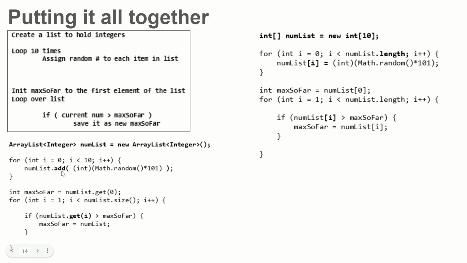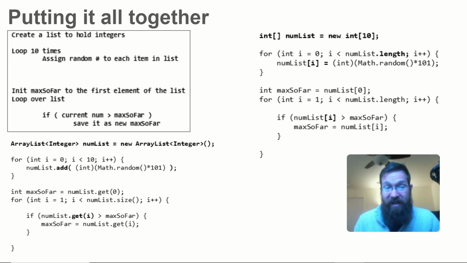And then I'll use add instead of the square brackets. But the random values I'm creating are the same. And then the pattern here is also the same. The only difference is we use .size instead of .length, and we use get(i) instead of bracket i. Oh, and then this should also say get(i). Let me fix that. Ta-da! Fixed. Okay.